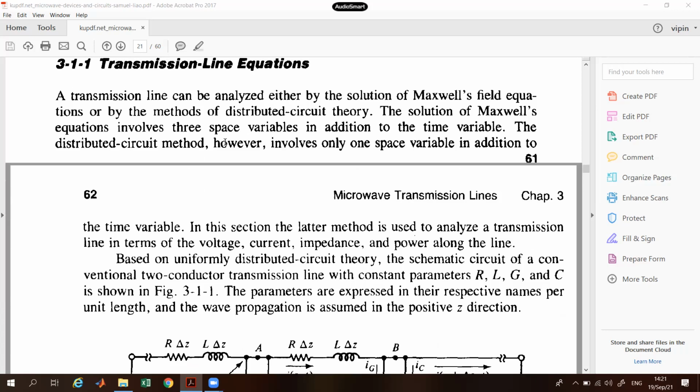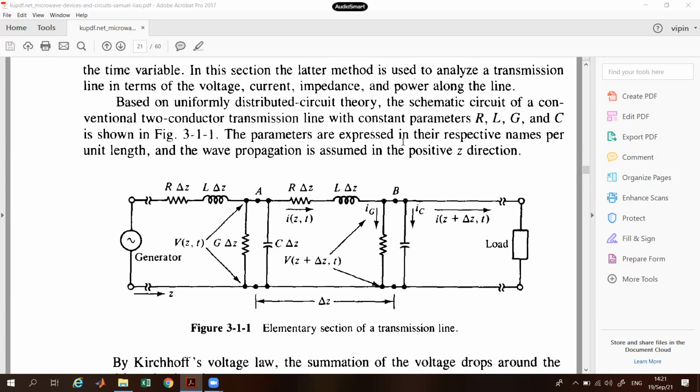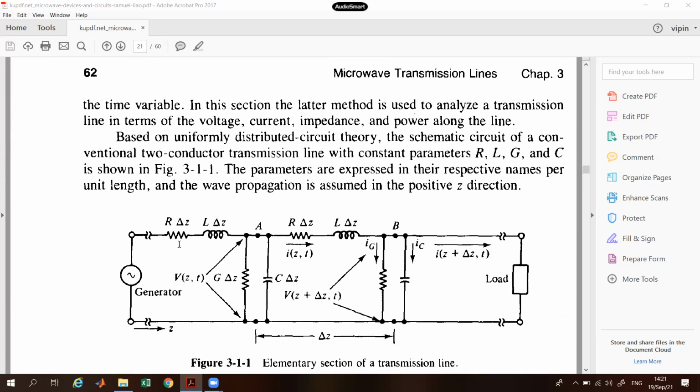The distributed circuit method, however, involves only one space variable in addition to the time variable. In this section, the latter method is used to analyze a transmission line in terms of voltage, current, impedance, and power along the line. The main thing you need to remember here is that all our resistance, impedance, and capacitance are defined per unit length.